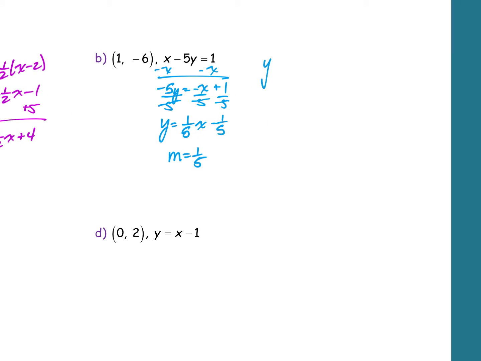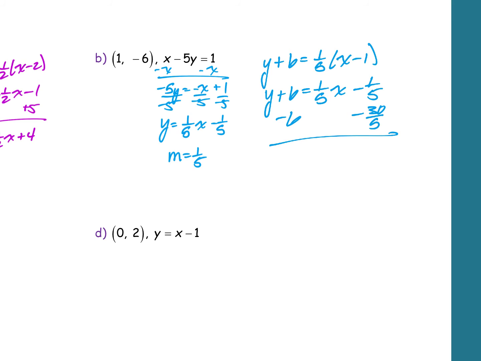So we've got y plus 6 equals 1/5 times x minus 1. Distribute: y plus 6 equals 1/5 x minus 1/5. Subtract 6. People are going to ask me what I just did. Y equals 1/5 x minus 31/5.